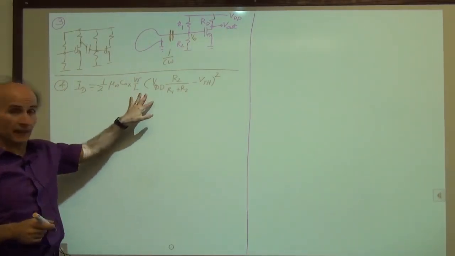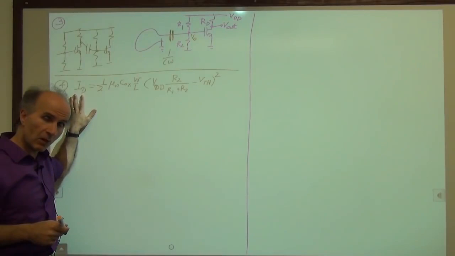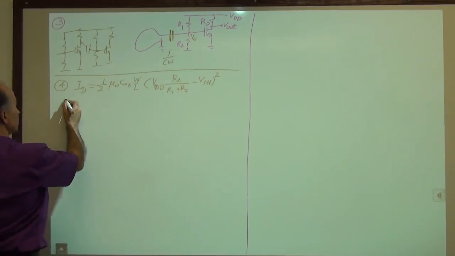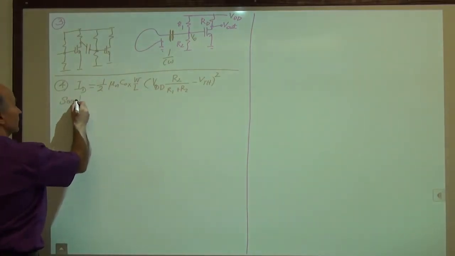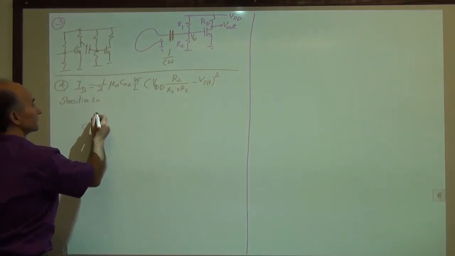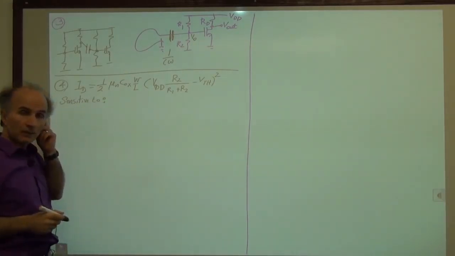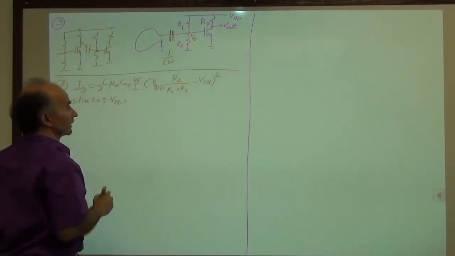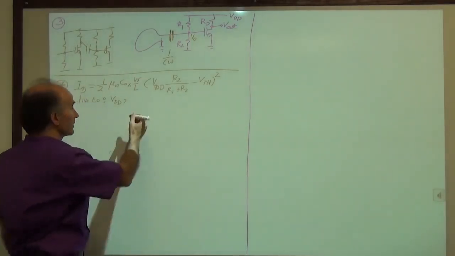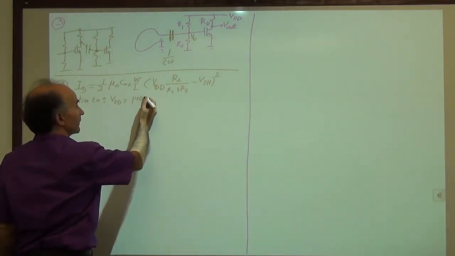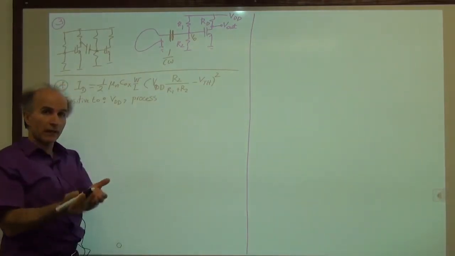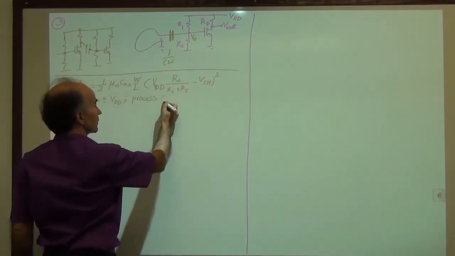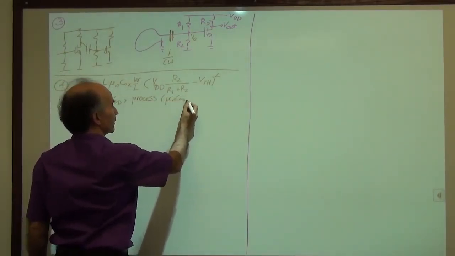This equation says that the bias current of the MOSFET is sensitive to some parameters. It's sensitive to the supply voltage, VDD. It's sensitive to process, meaning parameters that may vary from one wafer to the next, including mu n Cox and VTH.